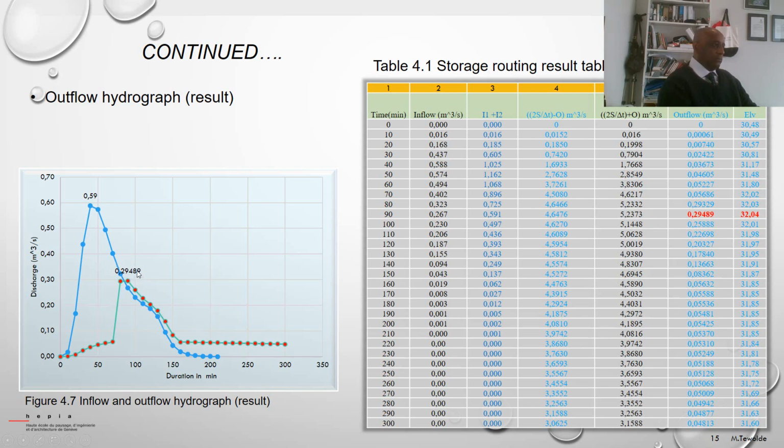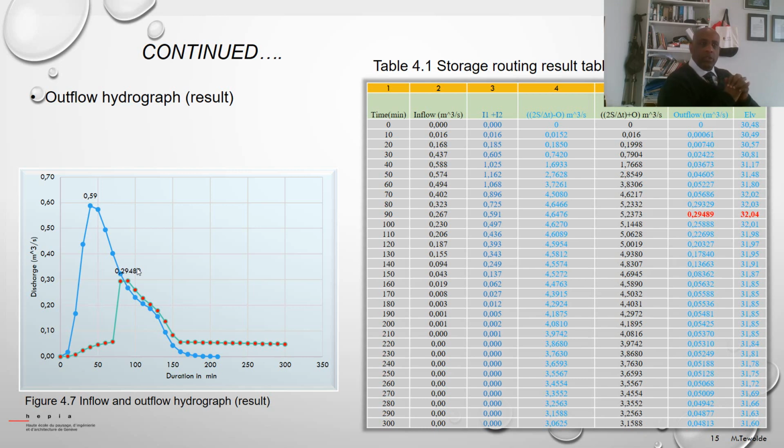We know the maximum peak discharge that we designed. So for example, if it was 0.29 meter cube per second, and the previous discharge is less than that or equal to it, then our design is perfect.